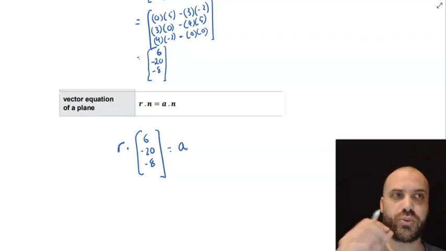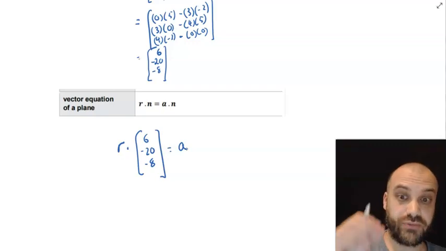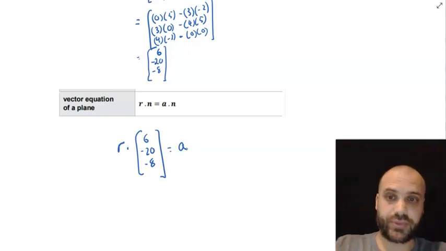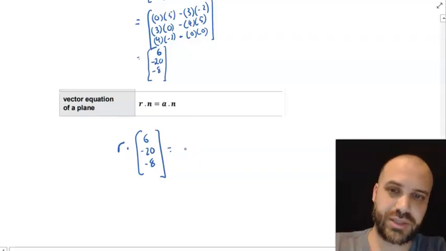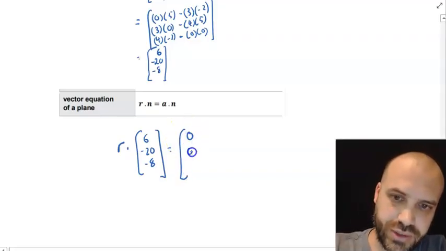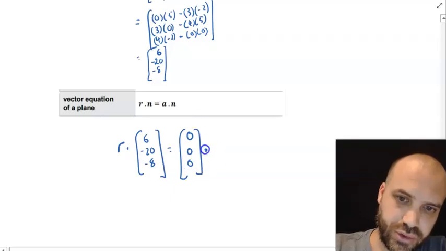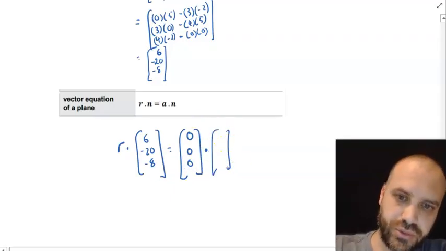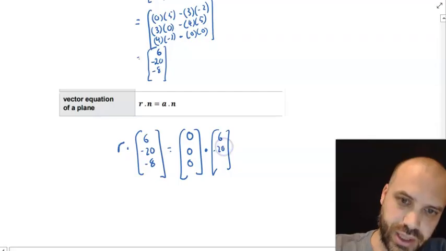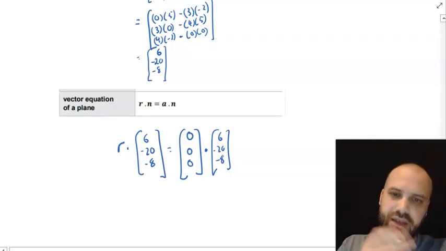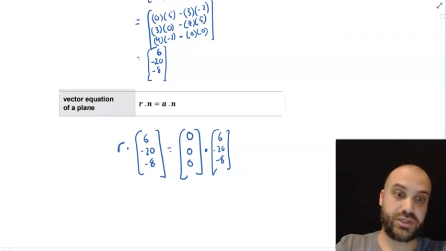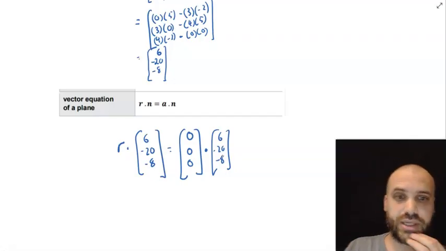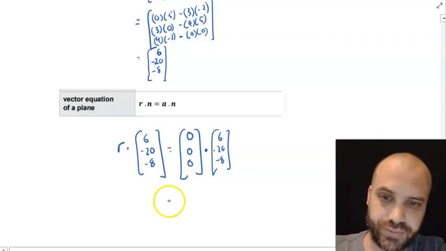Now, what should I use? Well, I know one of the points on my plane is 0, 0, 0. The origin is in the plane, right? And if I use 0, 0, 0, I can save myself some hassle here because I know the dot product of 0, 0, 0 with 6, negative 20, negative 8 is going to be 0.